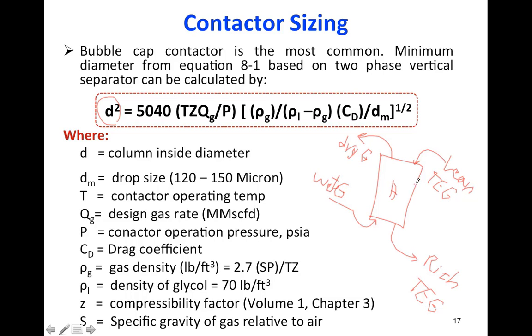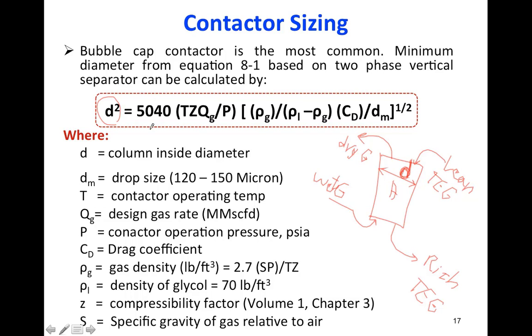The diameter of this column is an important parameter, and we can use this equation to find it. The definition of each of these parameters is given here. For now, I don't want you to use this equation to do any calculation. If anything needs to be done using this equation, I will let you know.